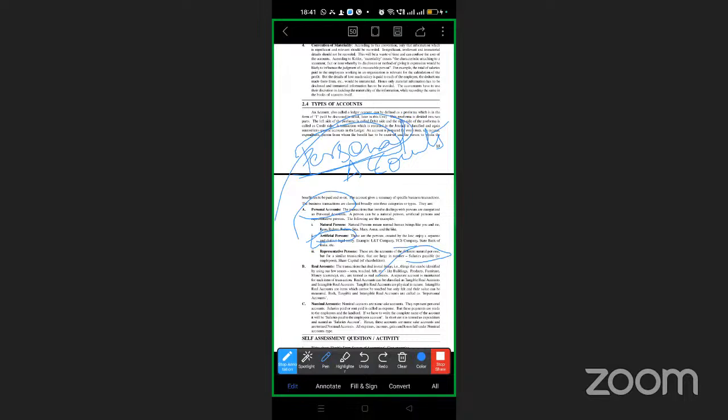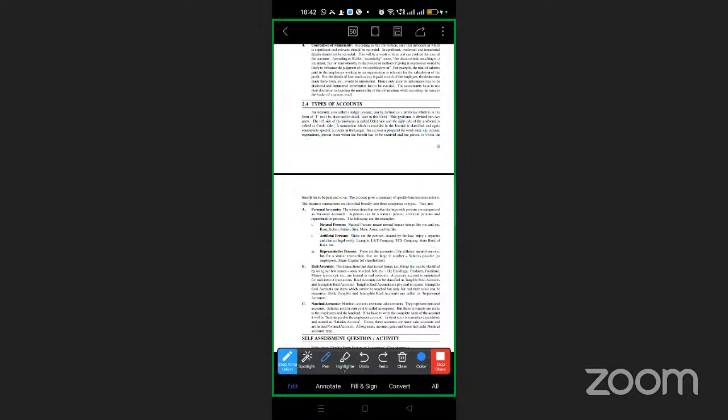We have to pay salary to employees, but we cannot take their names, so we write salaries payable, which has not yet been paid.